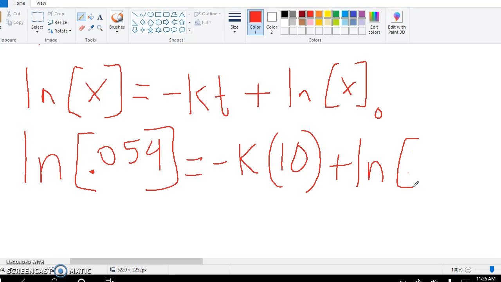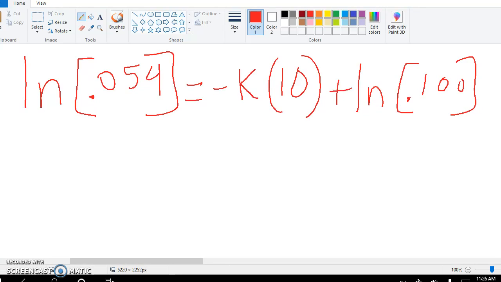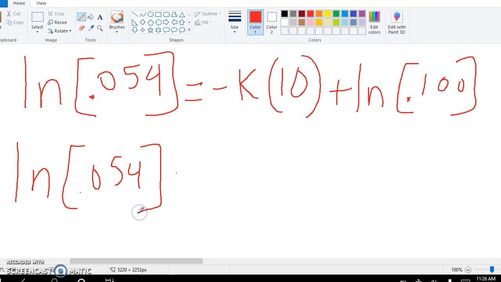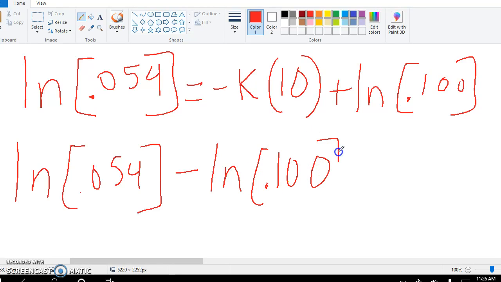The initial concentration was 0.1. All we do is solve for K. The natural log of 0.054 minus the natural log of the concentration 0.1 is equal to negative K times time.